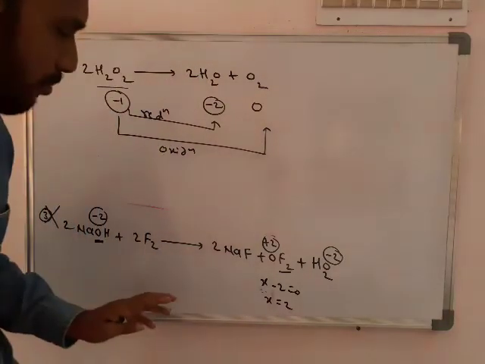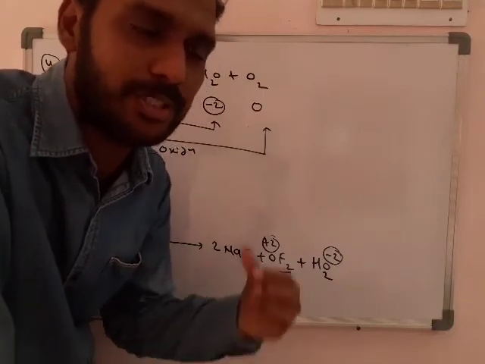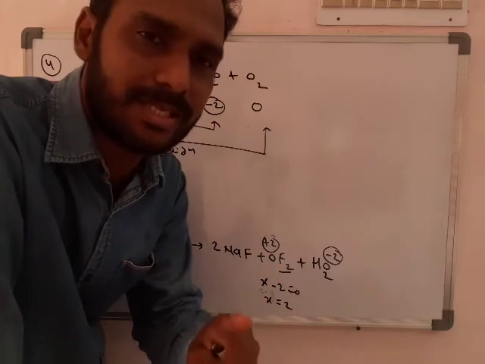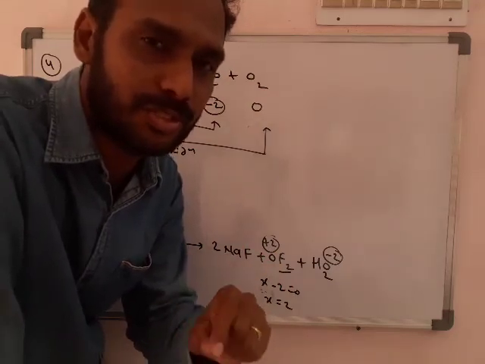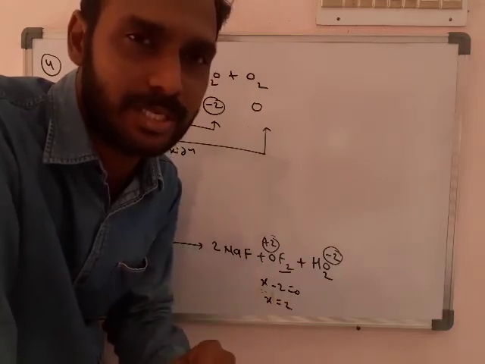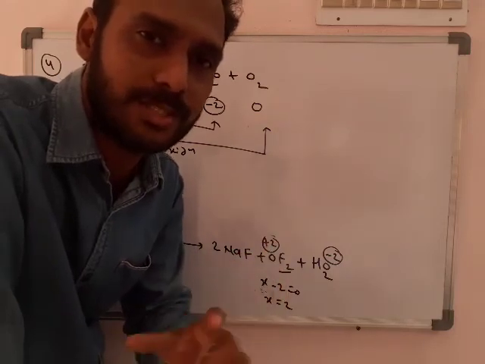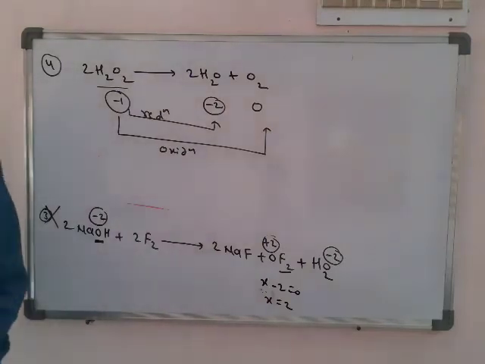Actually we have to remember the first, second, and fourth options, because these three are generally treated as the best examples to explain disproportionation reactions in which only one element undergoes both oxidation and reduction. But in the question it is asked which is not a disproportionation reaction. So option 3 is the answer. Okay.